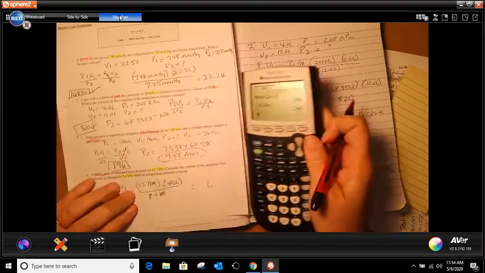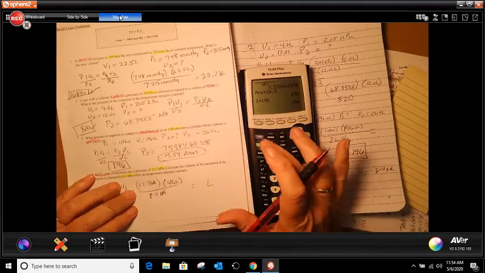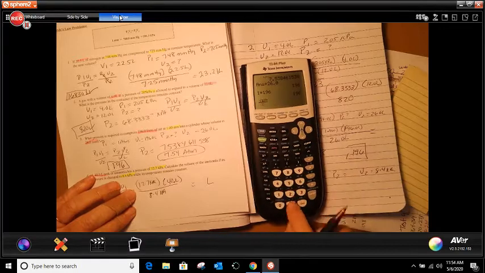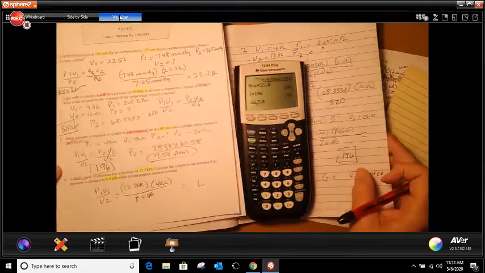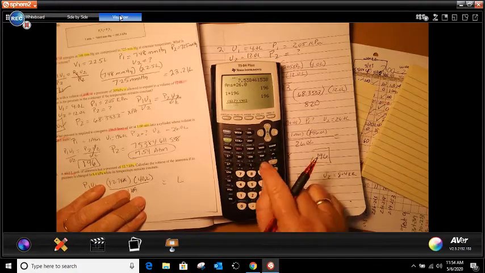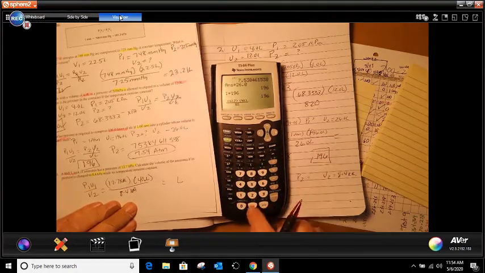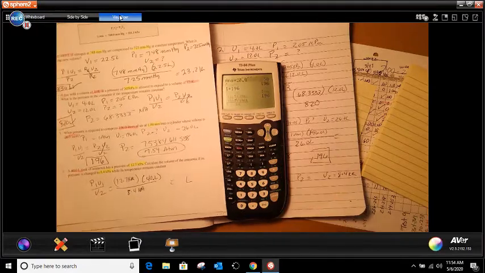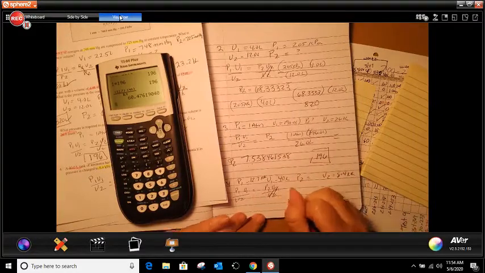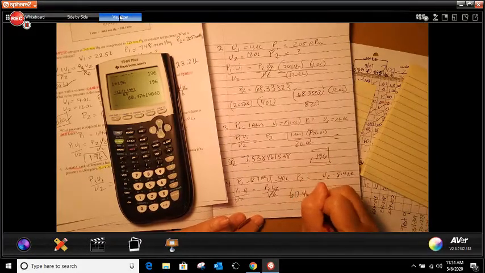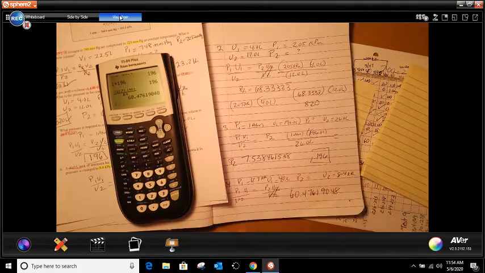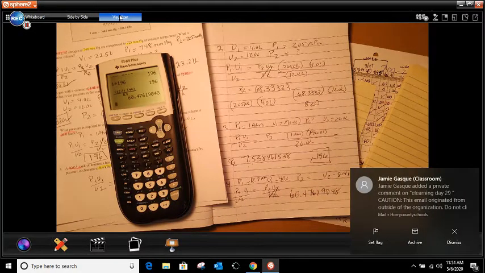So if I do alpha y, enter, I have 12.7 times 40, and I divide that by 8.4, and I press enter, I get 60.47619048.